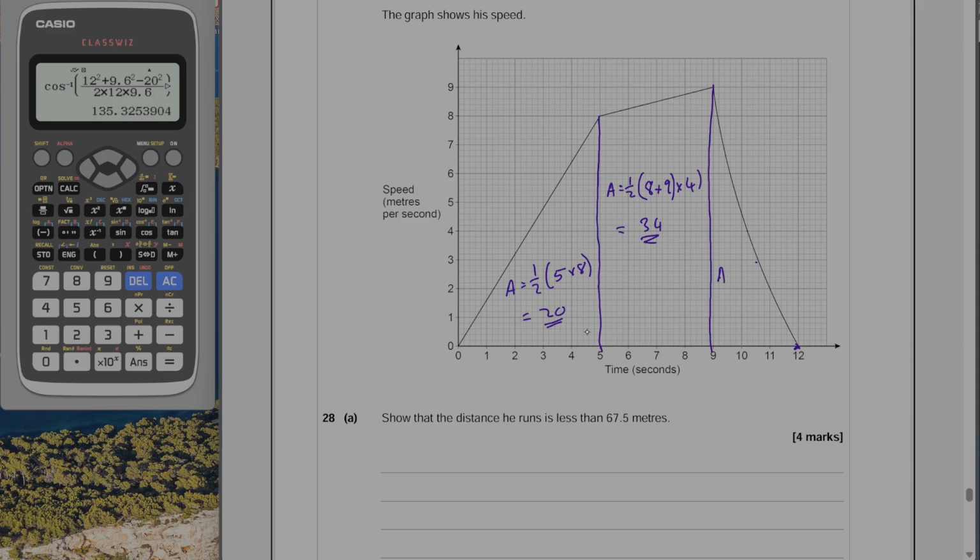So the area of this one is going to be equal to 9 times 3, which is a half of 12. Which is 6.